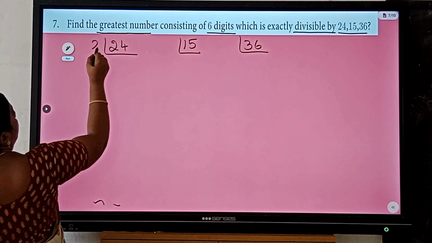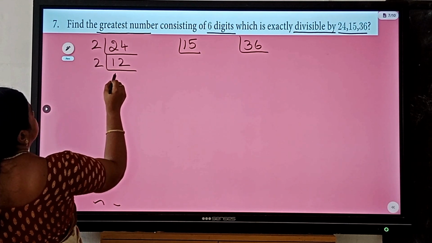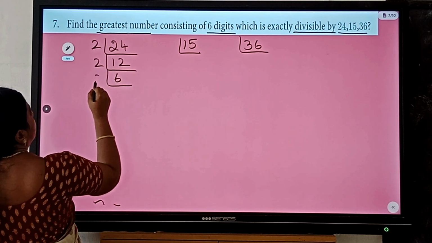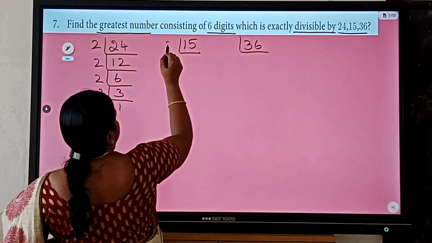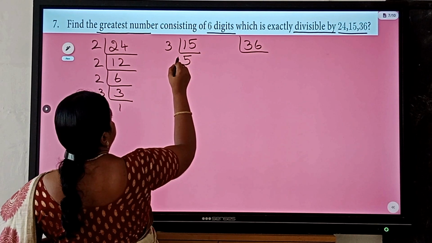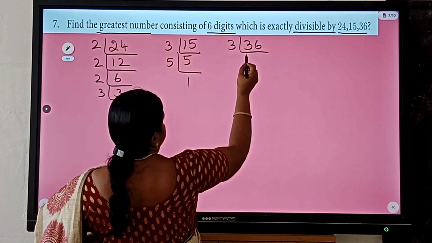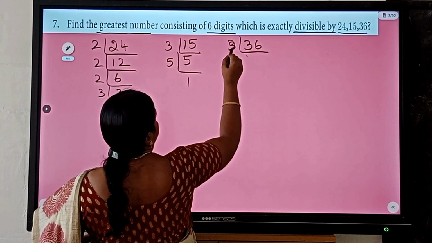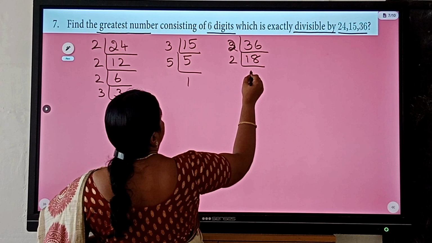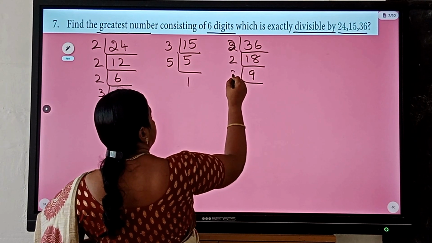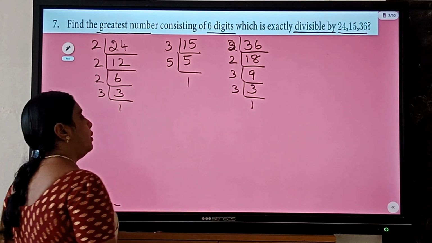So 2. We are going to divide 24 by 2: 2 12s are, 2 6s are, 2 3s are, then 3 1s are. 15 by 3: 3 5s are, 5 1s are. Then 36, we divide it by 2: 2 18s are, 2 9s are, 3 3s are, and then finally 3 1s are.